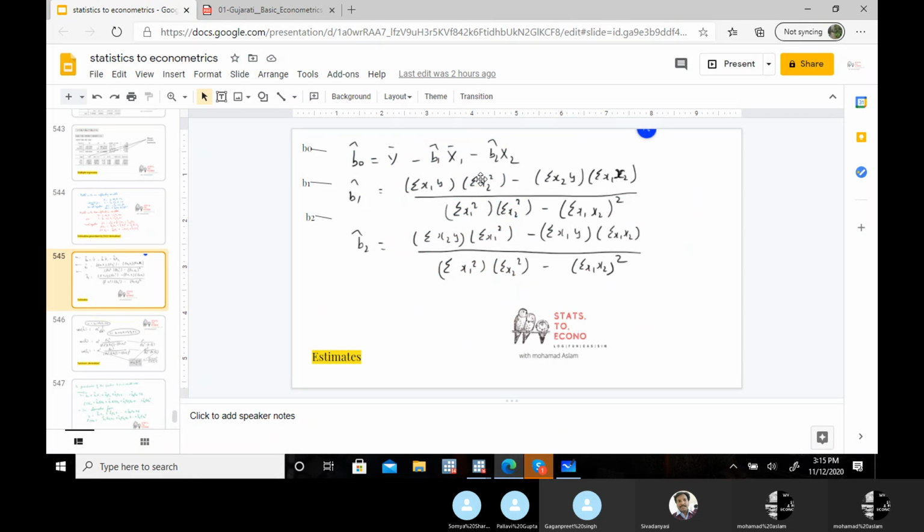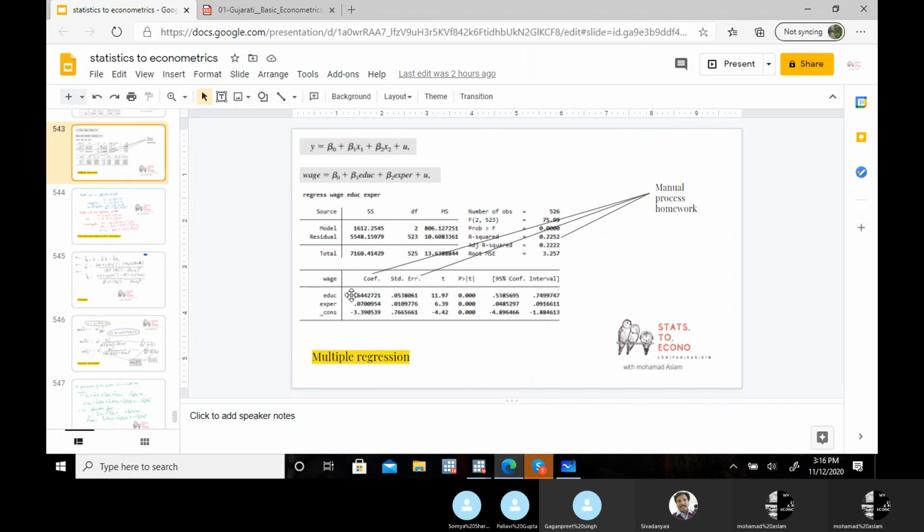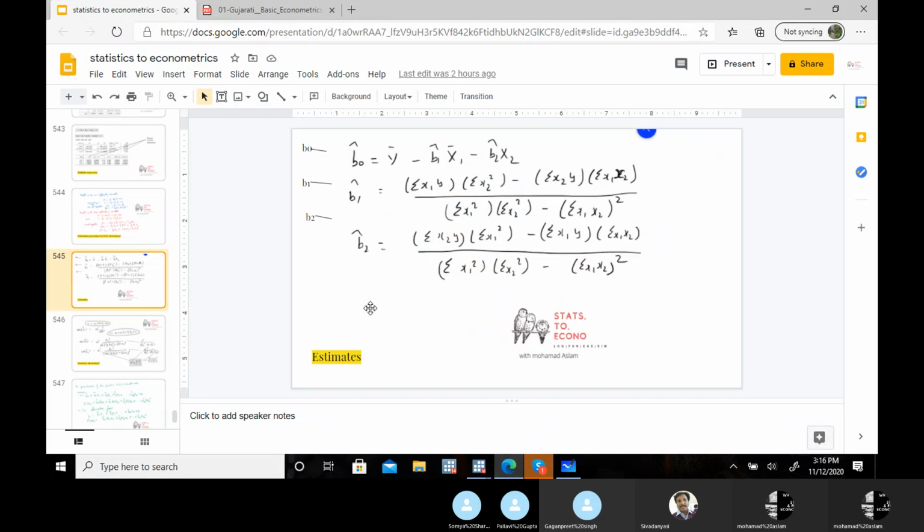This is the formula, meaning if you put in all these values from the actual data, you will get these three values: education coefficient, experience coefficient, and the constant intercept part. So these three values come from these three formulas.